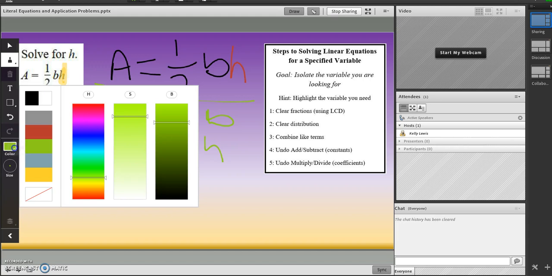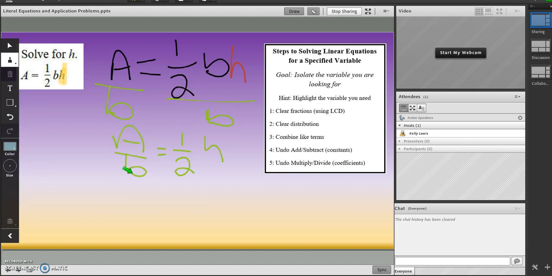Okay, and then I need to talk to myself a few minutes and say, okay, that 1/2 is being multiplied, right? So I'm going to divide by 1/2. But dividing by a fraction is the same as multiplying by the reciprocal.